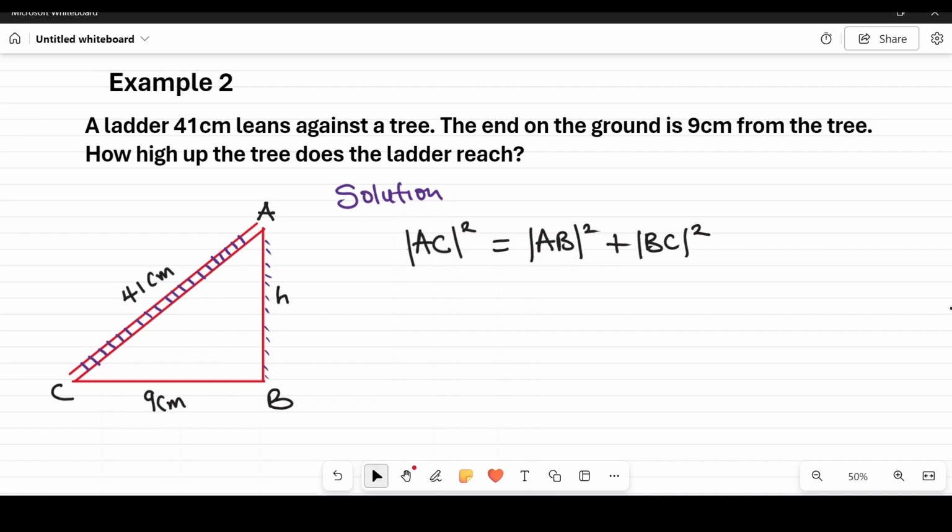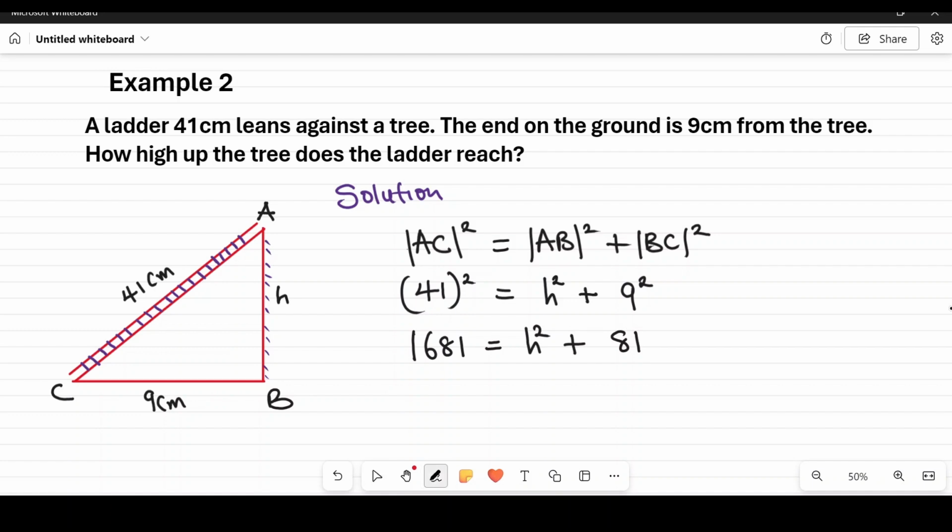And our AC is 41 cm all squared, equal to our AB, which is the height we are looking for, plus our BC, which is 9 cm. So therefore, if we simplify, 41 squared is equal to 1681. H squared plus 9 squared is equal to 81.